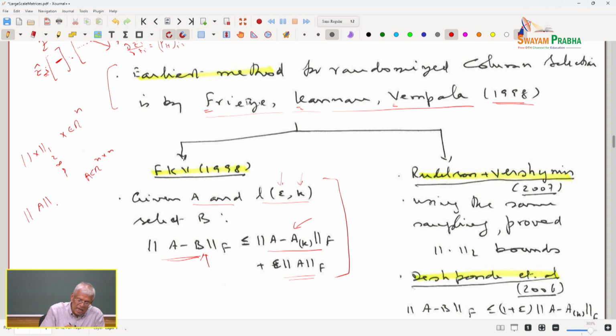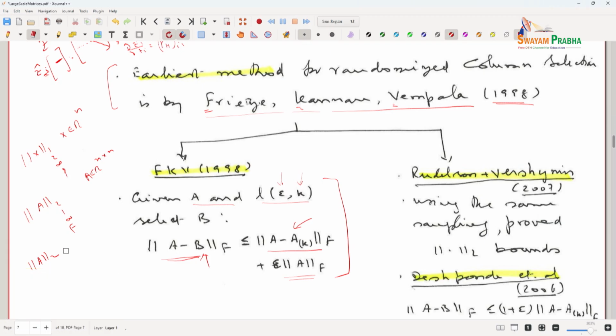For the norms of A, I have a 2 norm, 1 norm, infinity norm, and a Frobenius norm. So there are several norms. Of all these norms, the 2 norm is called the spectral norm, and the spectral norm is the smallest of all the norms of A.